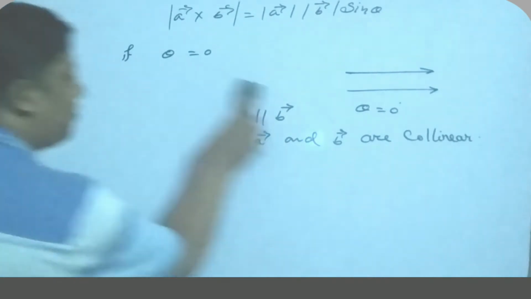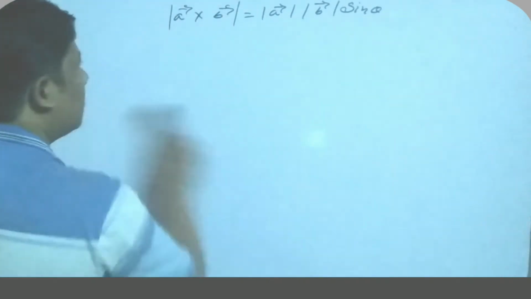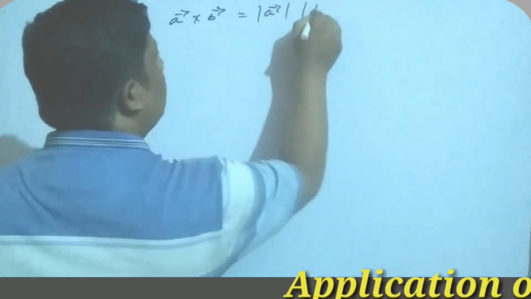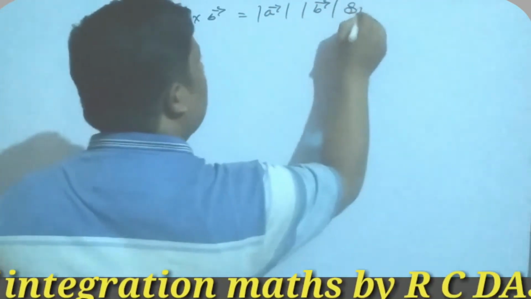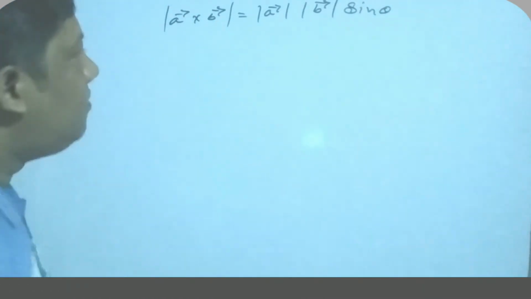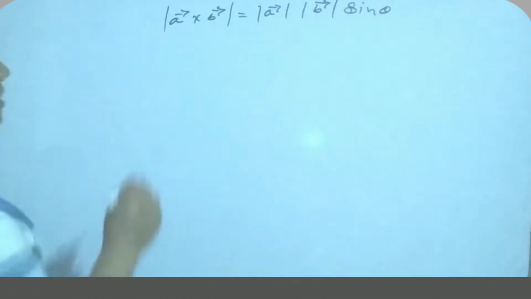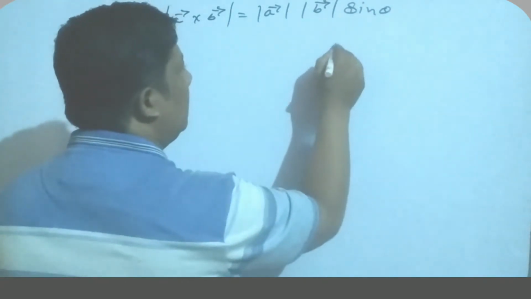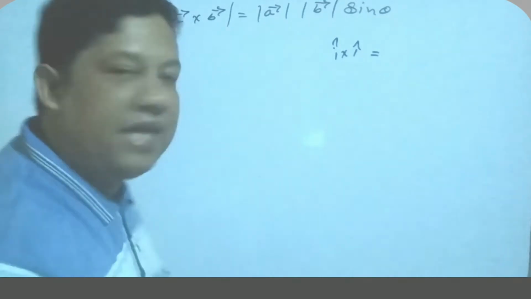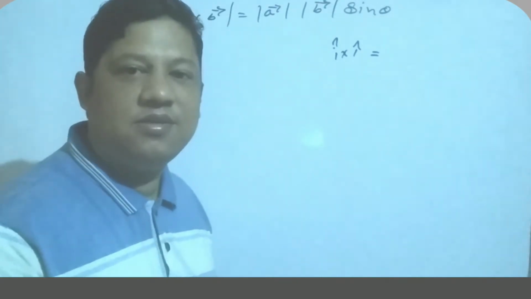Next, my students, A cross B equal to mod of A mod of B sin theta, if I take the modulus. So I cross I means the angle is 0 degree.